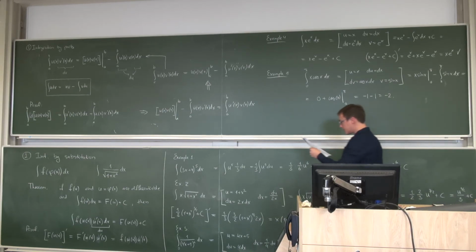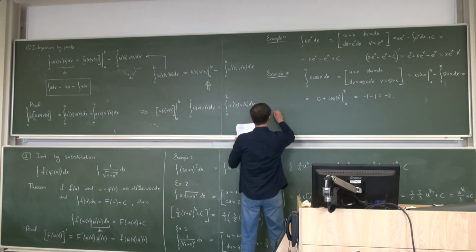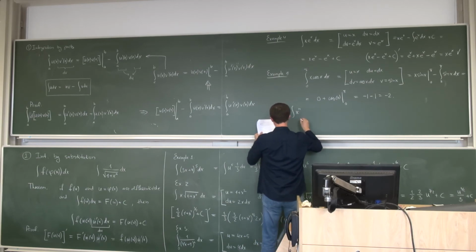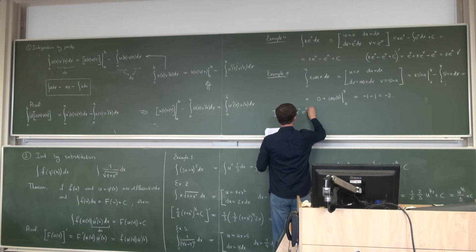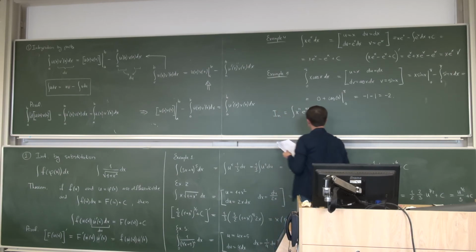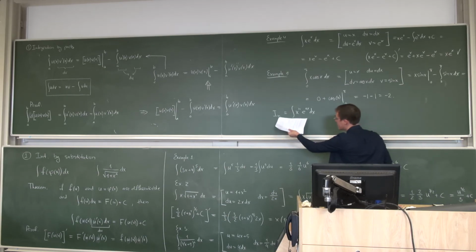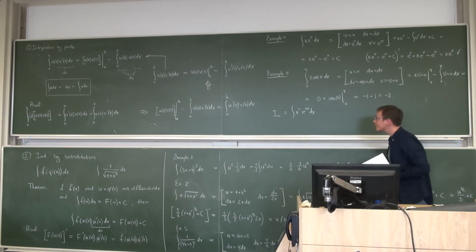Let me give you an example. For example, something like that I n is an integral x nth power e to the ax dx. So it is an integral with respect to x, but it depends on an index n.